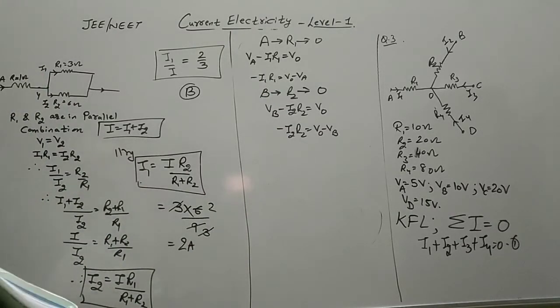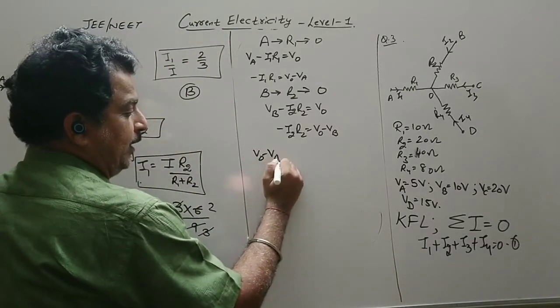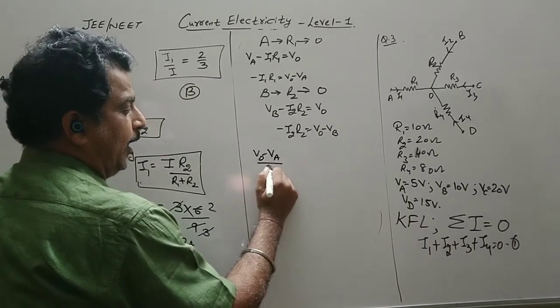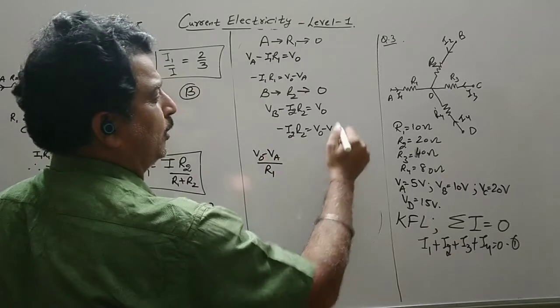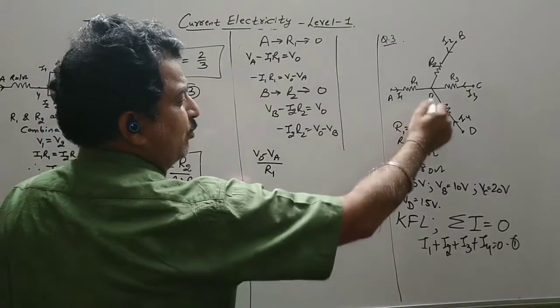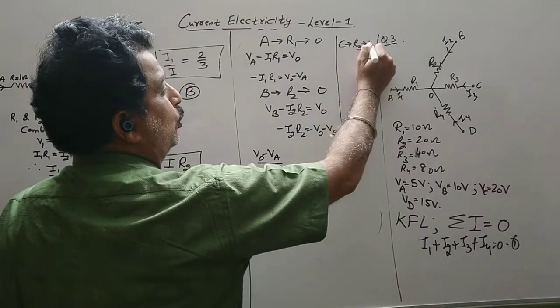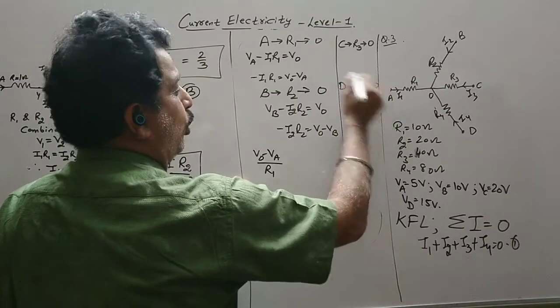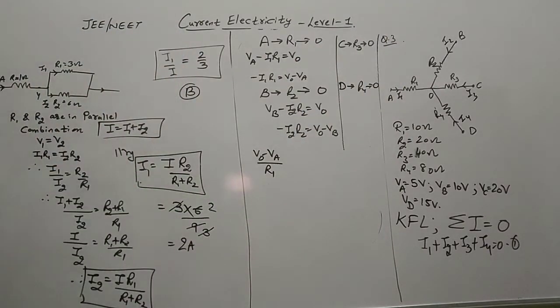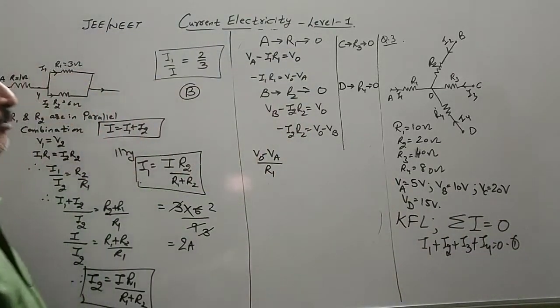So in place of I1, I can write V0 minus VA upon R1. Because we will get a minus sign, I have not written this for C and D. You can write the equation from C through R3 to O and D through R4 to O. All will be identical. So minus is taken as common because here we have a 0, so it does not make any difference whether I write plus or minus.